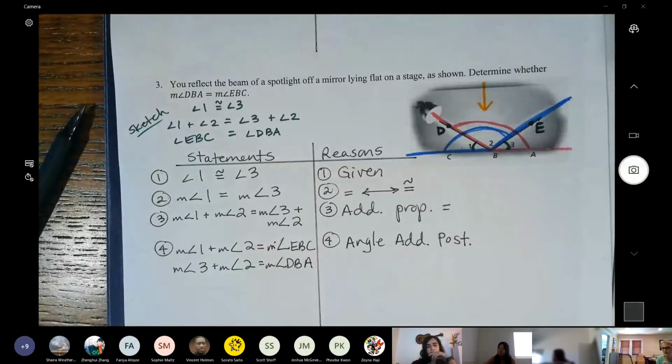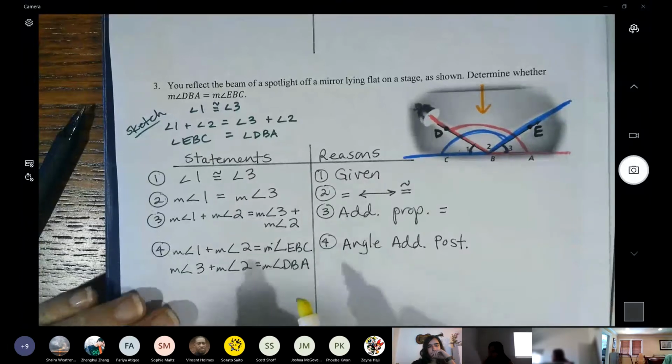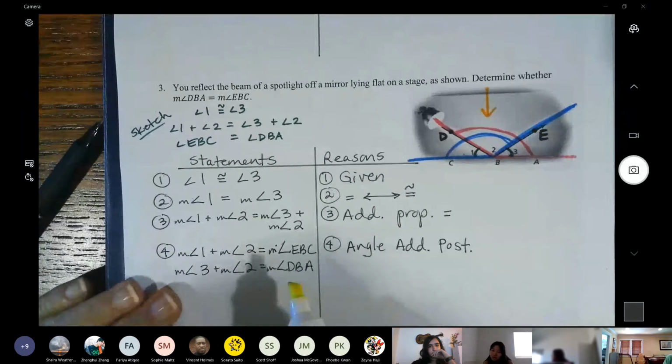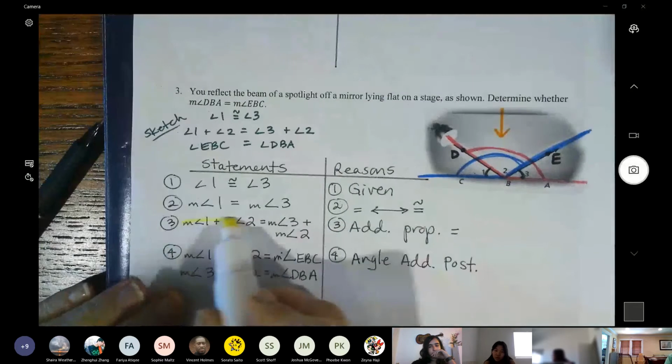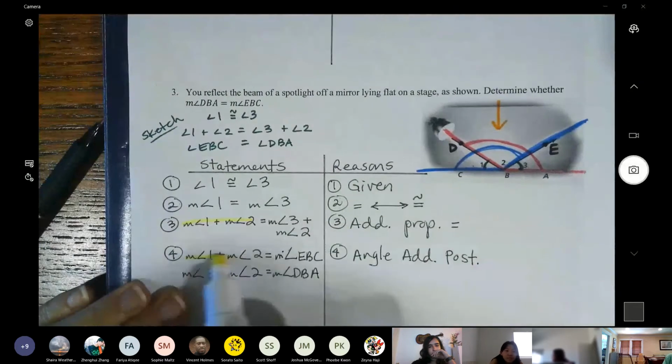Now I'm going to use my colors again, a little bit of a highlighter, and point some things out. For instance, this statement and this statement are the same.